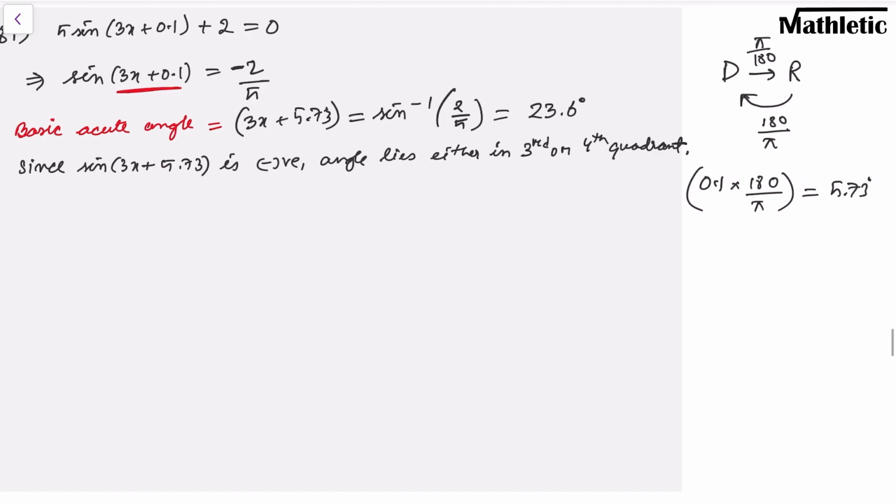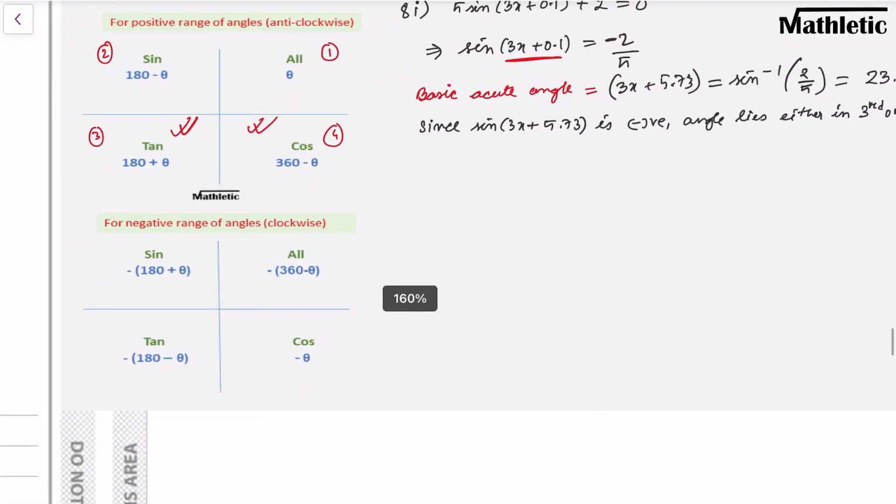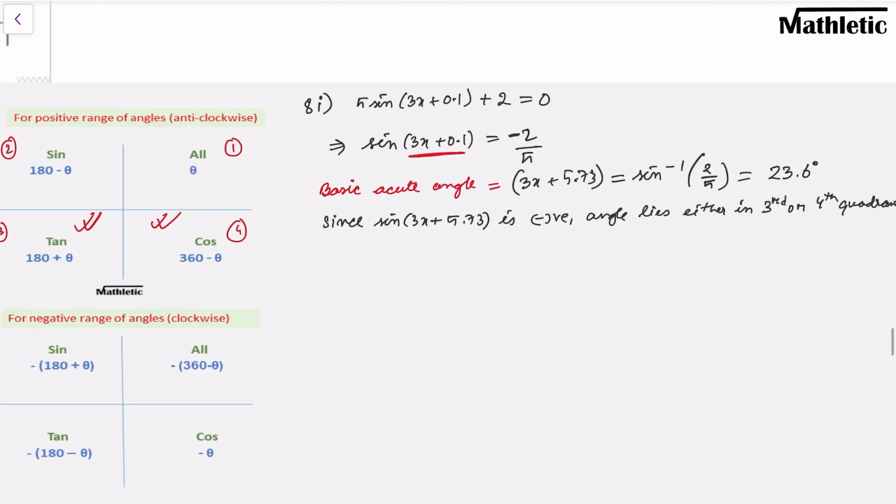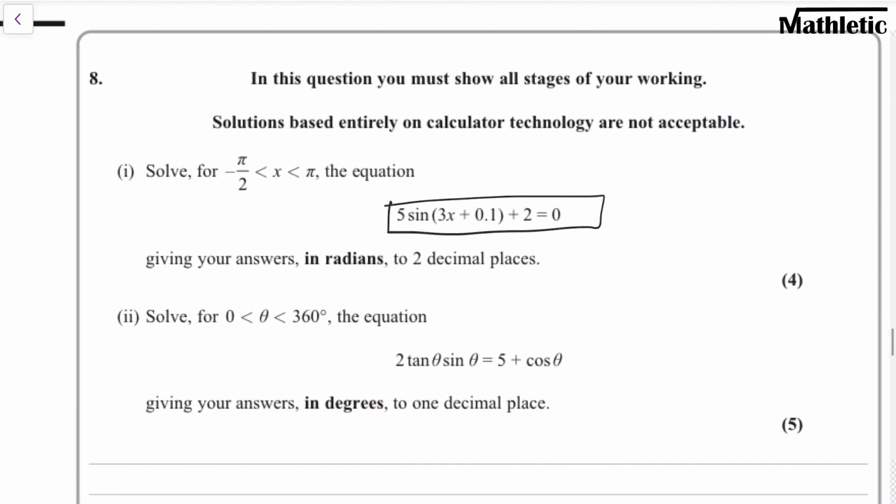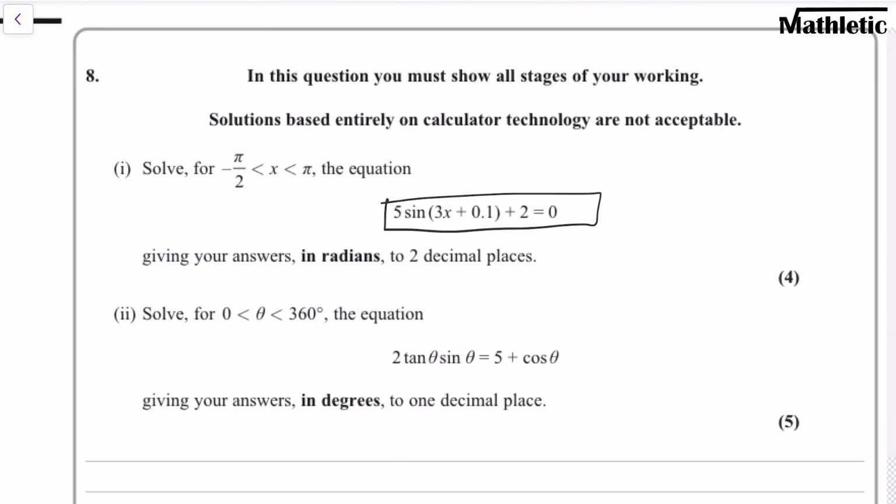Next, I will pick the formulas from the third and fourth quadrant, but then again we need to change the range.